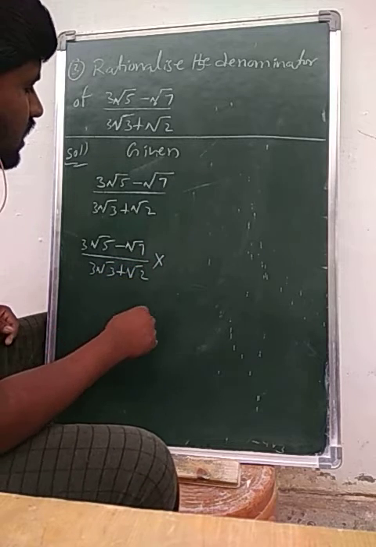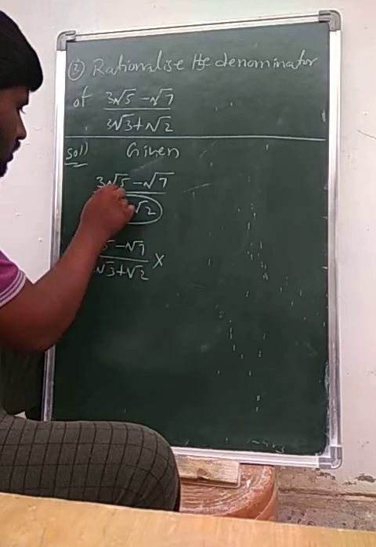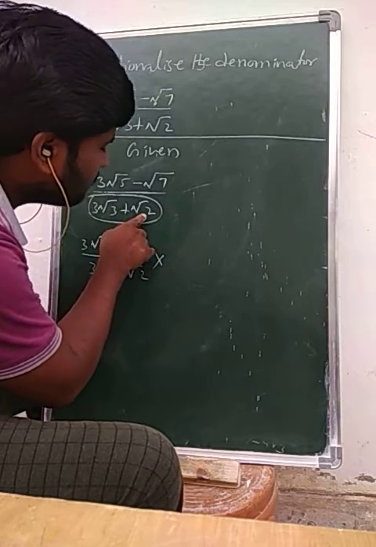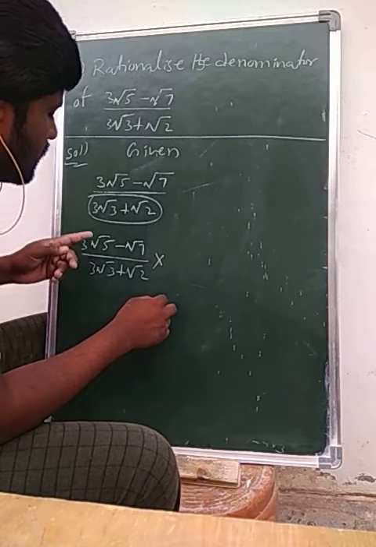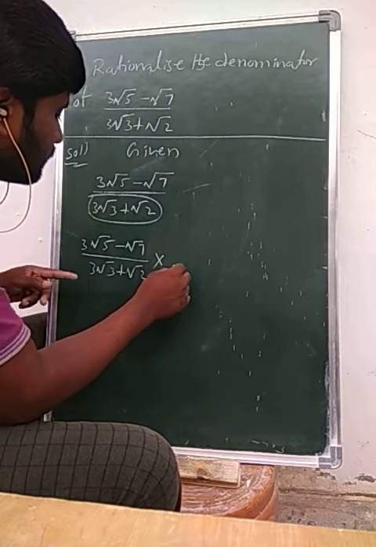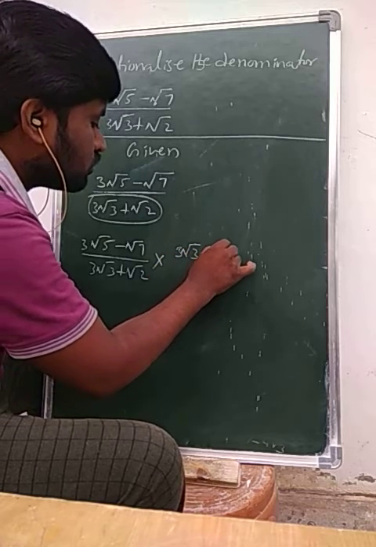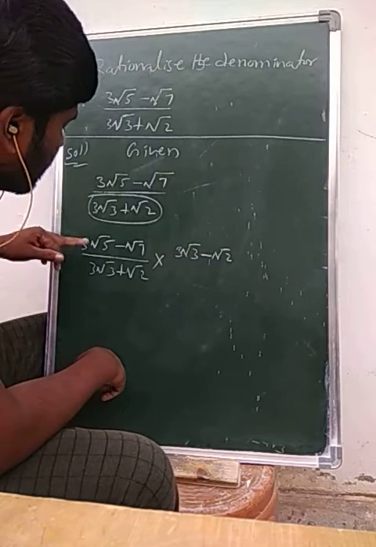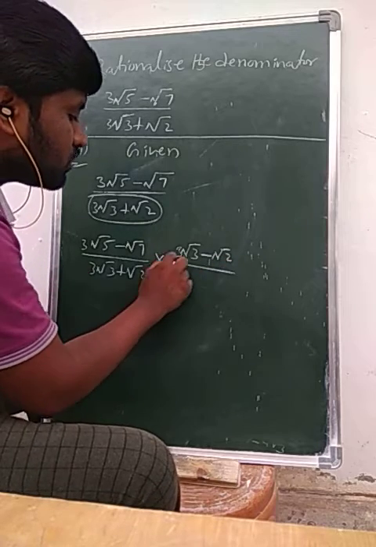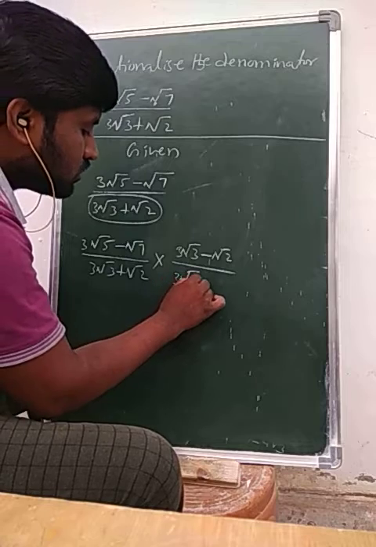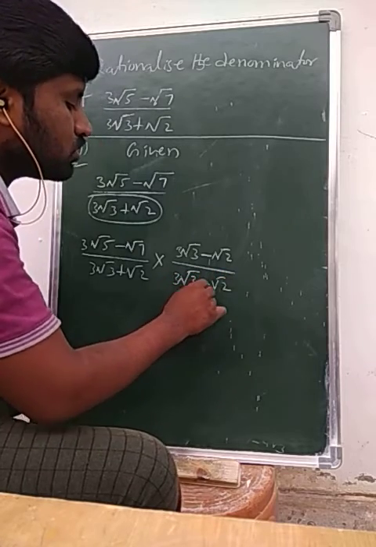So the rationalizing factor of this is 3 root 3 minus root 2. That means we should multiply the numerator and denominator with 3 root 3 minus root 2 by 3 root 3 minus root 2.